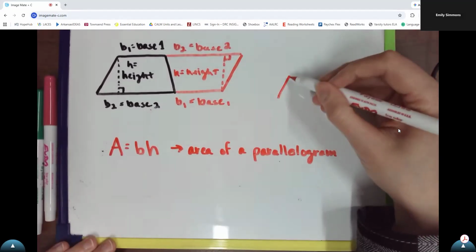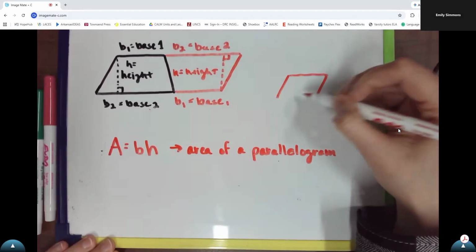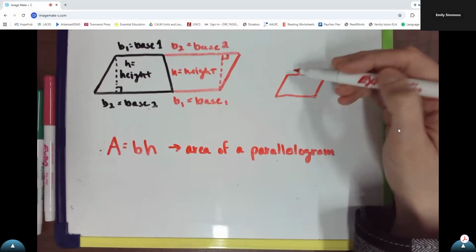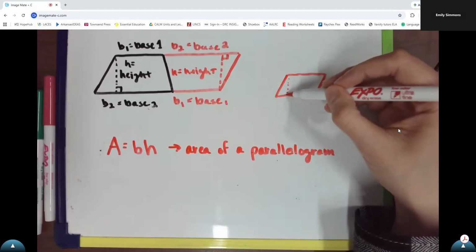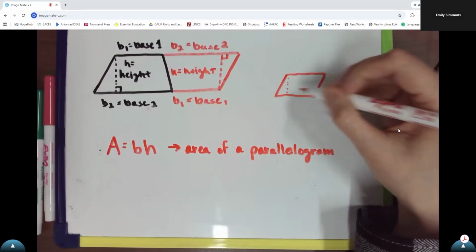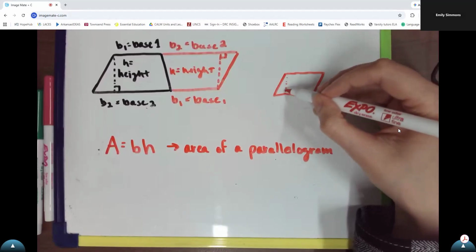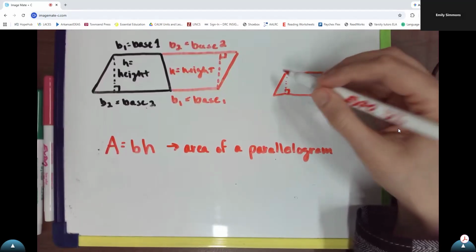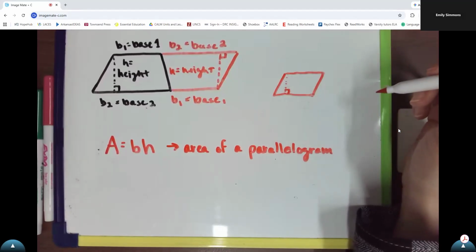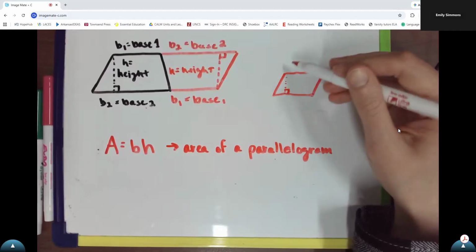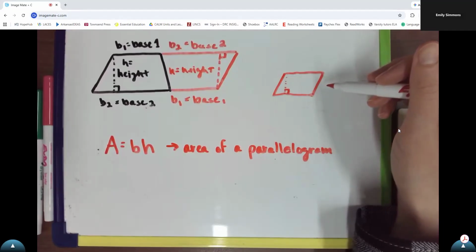So, for example, if I had this shape here, this is a parallelogram, and I would multiply the height, so how tall it is, by one of these bases, and the base is going to be what intersects with our height. The other two sides on this formula we don't actually need because they don't intersect with our height.